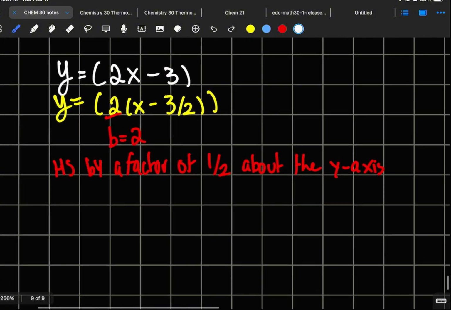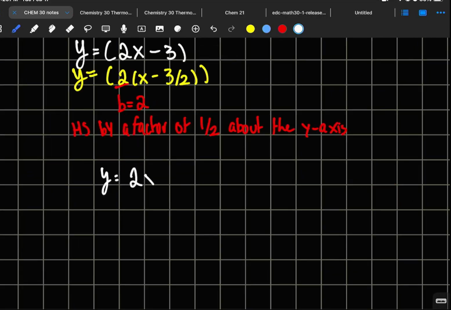But in terms of this, if we were to compare the graph of y equals 2x minus 3 compared to just x minus 3, because then this would just be a horizontal stretch by a factor of 1/2. So let's compare these two graphs here. So you have the graph of 2x plus 3.